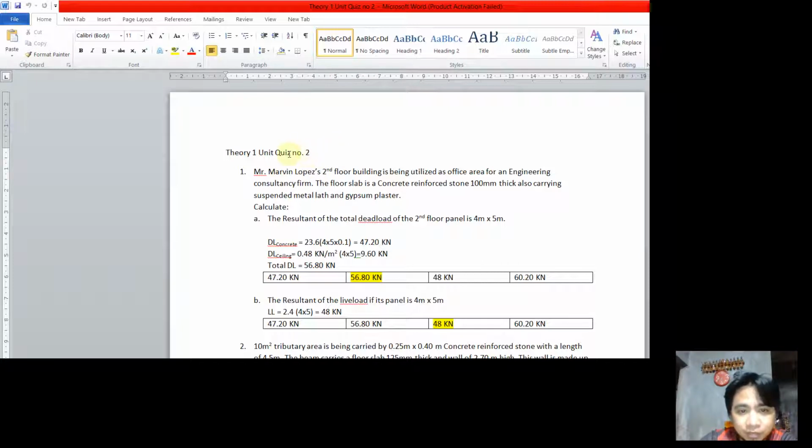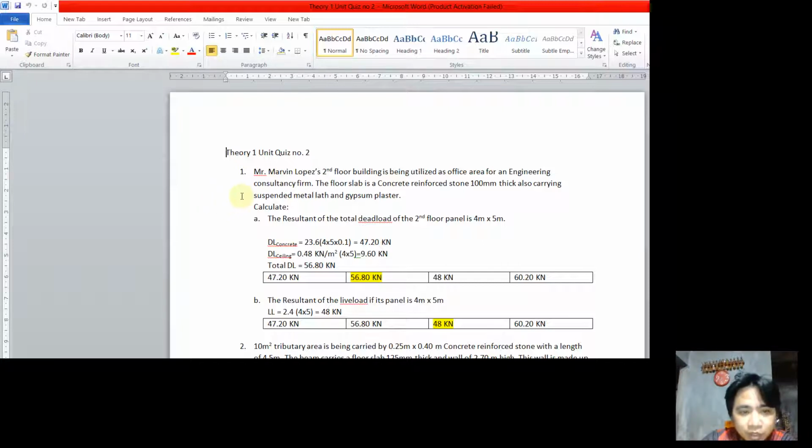the floor slab is made of reinforced concrete that is 100 millimeter thick. At the same time, it carries a suspended metal lath and gypsum plaster. So the dead load consists of the concrete and the dead load of the ceiling.